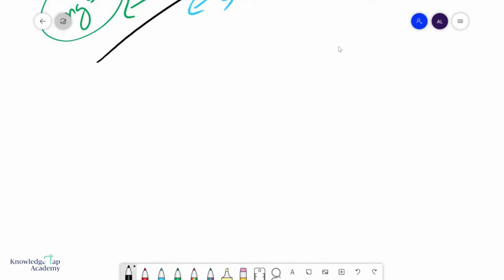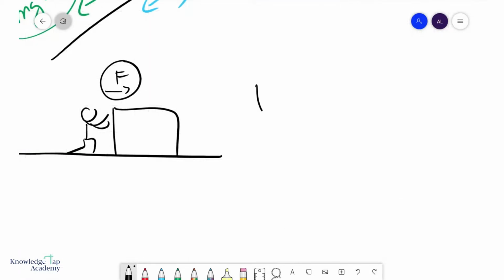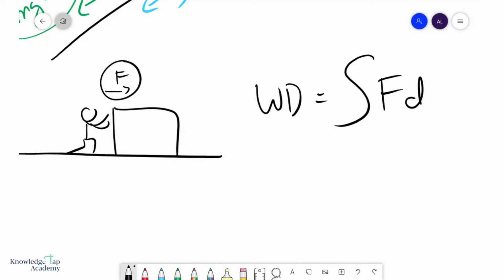Now, you may be wondering, and this is actually a very relevant question, if you are pushing this block like so with a force F, it is very unlikely that F will be constant. F is likely to vary over time. And so we must understand the more general way of calculating work done, and that is actually the integral of F ds.